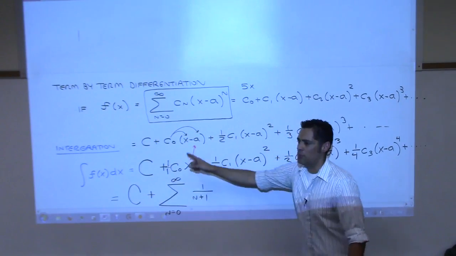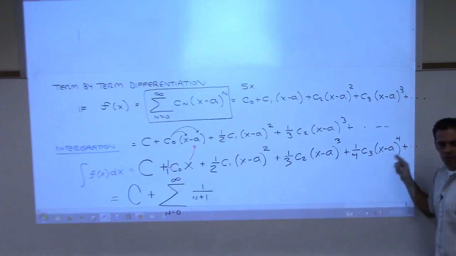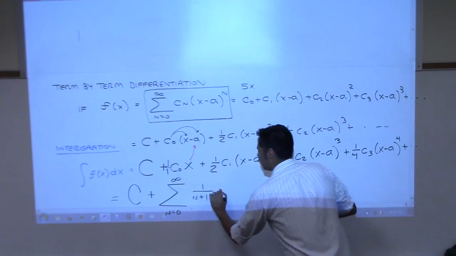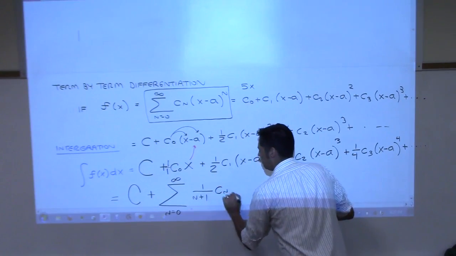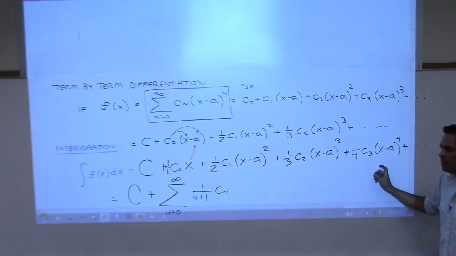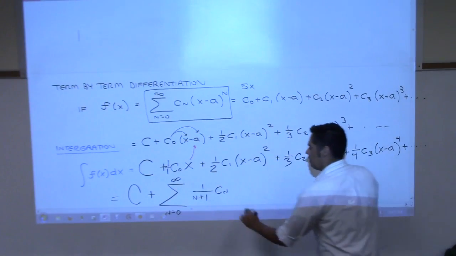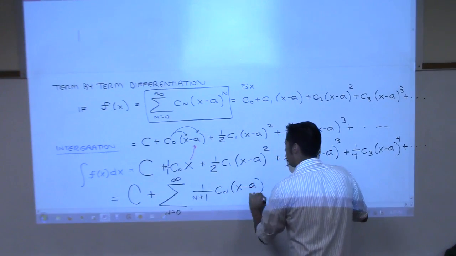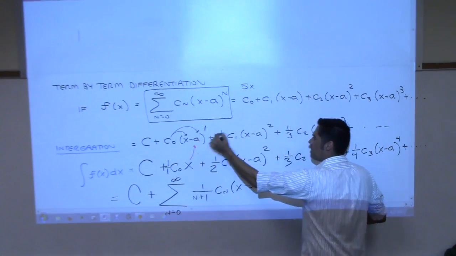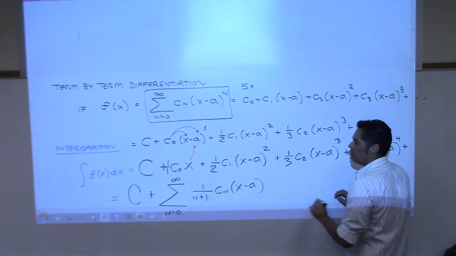That should give me the numbers 1 over 1, 1 over 2, 1 over 3, 1 over 4, agree? Okay, how about the c subs? C sub n, because if I start at 0, I get 0, then 1, then 2, then 3, yeah? X minus a to the, I want to start at 1, then 2, then 3, then 4, so n plus 1.